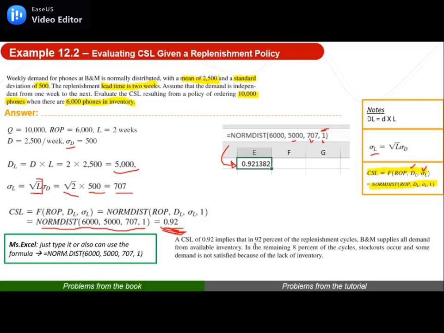In the remaining 8% of the cycles, stock out occurs and some demand is not satisfied because of the lack of inventory. So it means simply that with this replenishment policy, we have fulfilled 92% of our demand.